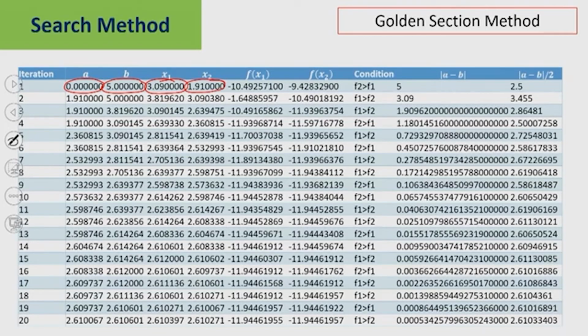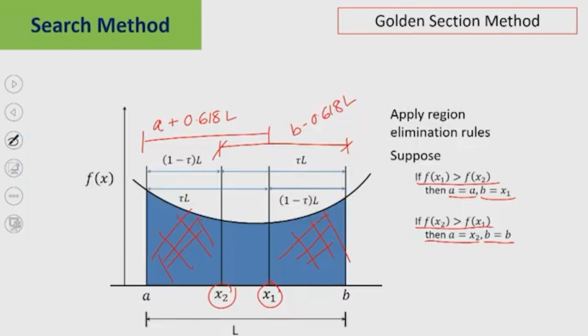Now, you calculate the function value at x 1 and at x 2. In this case f of x 2 is greater than f of x 1. Okay. So, this is the second condition, is it not? This is the second condition, that is f of x 2 is greater than f of x 1. Then what will you do?